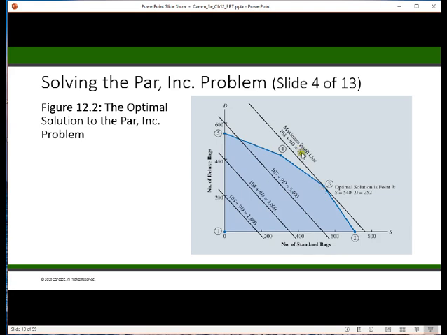We can keep going up with our contour for the objective function until it's tangent to our feasible region. And that's where we're going to get our maximum profit line. So in this case, our maximum profit line is 7,668.